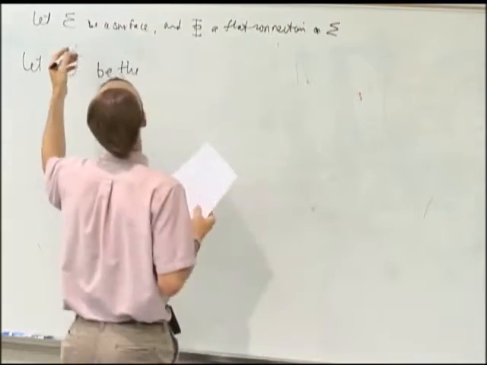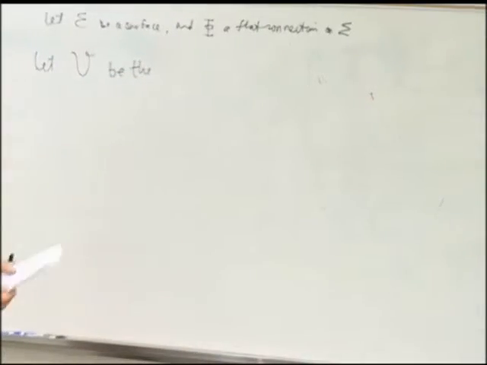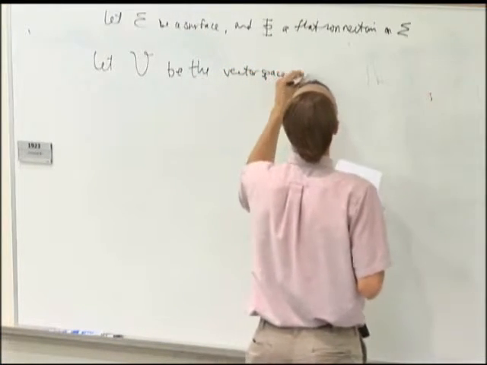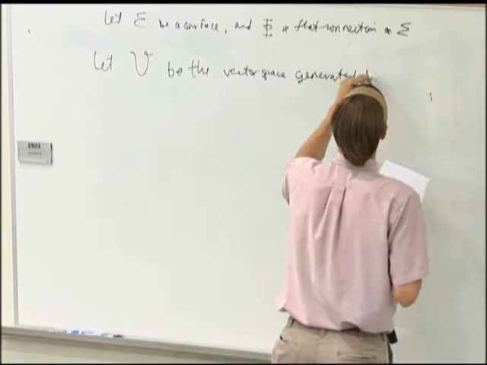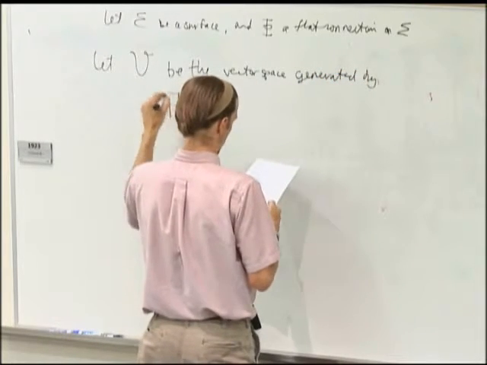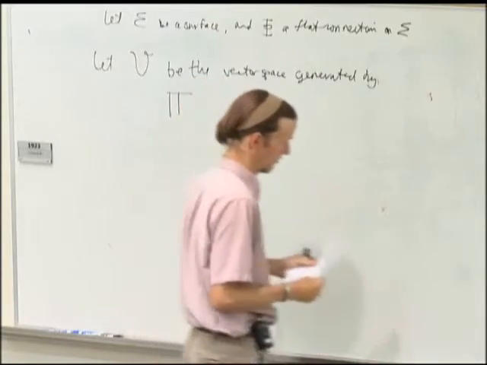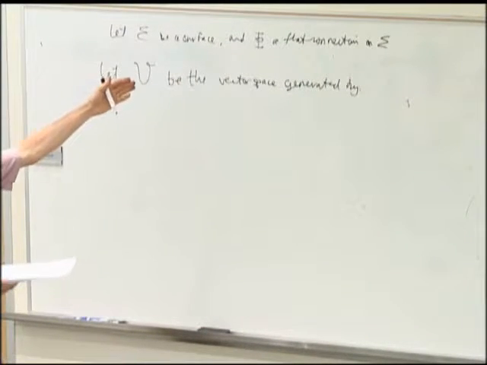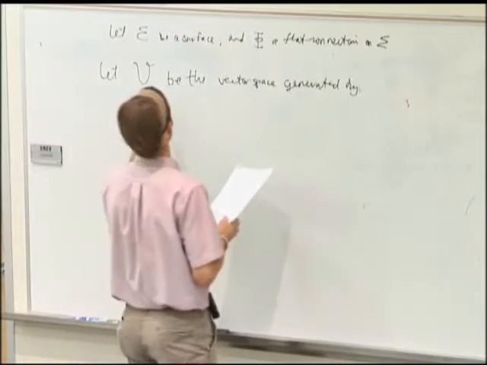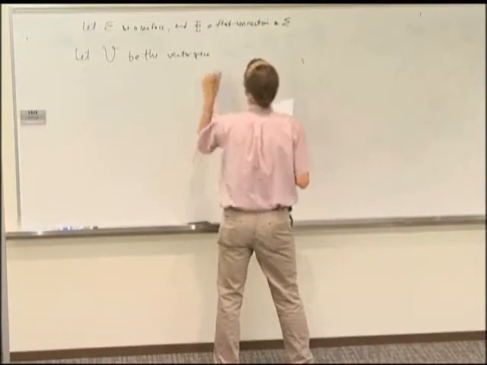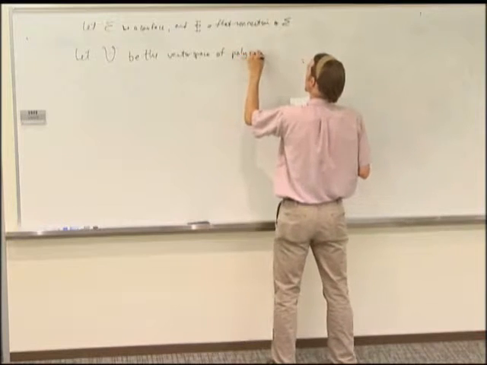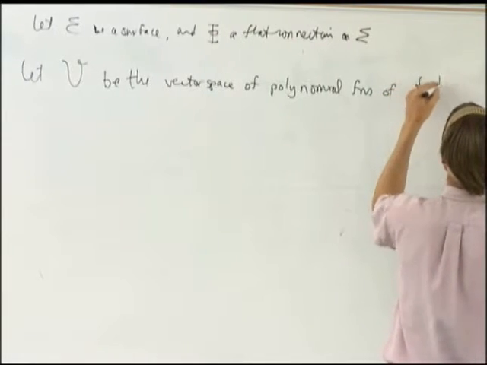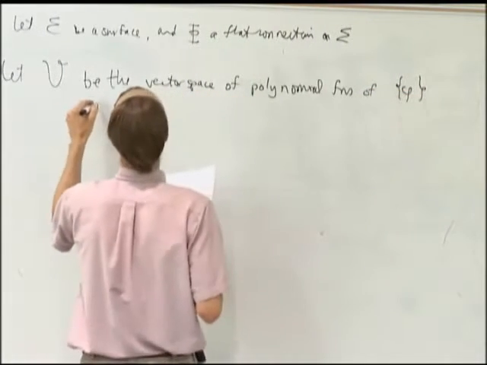Let curly V be the vector space of polynomial functions of the matrix entries of phi, which are invariant under gauge transformation.